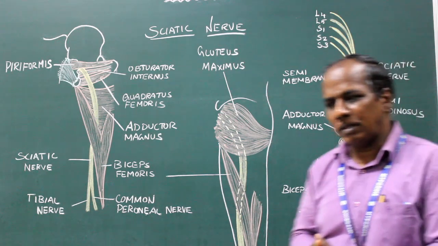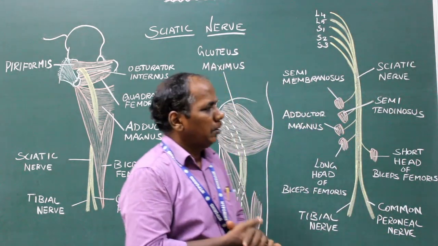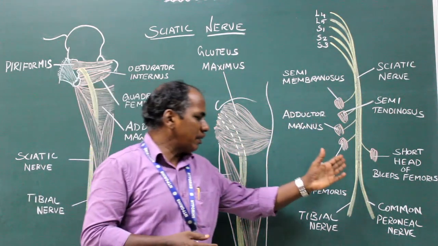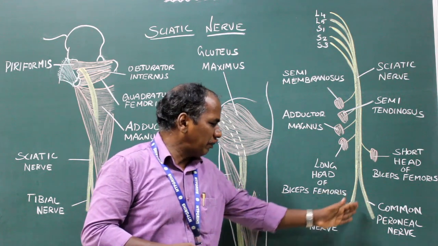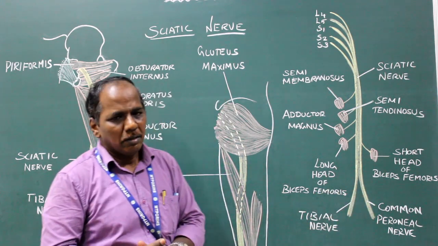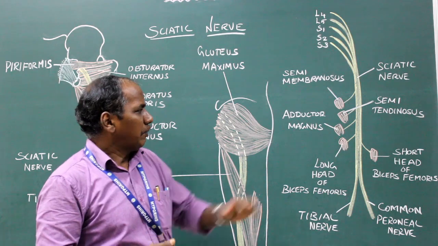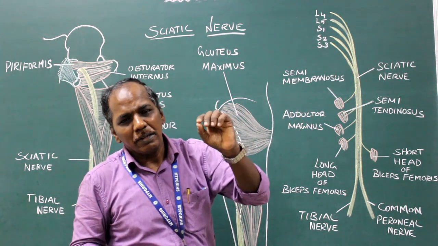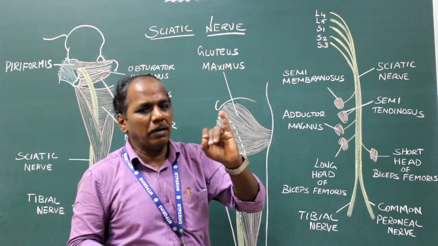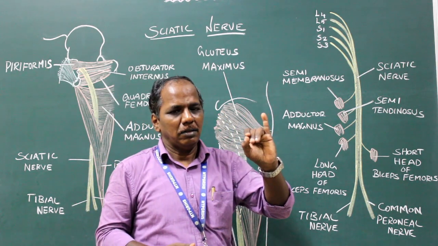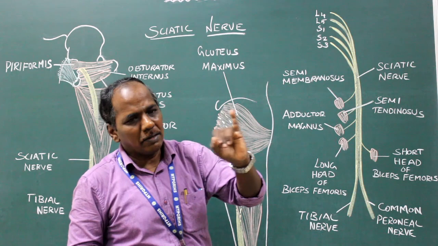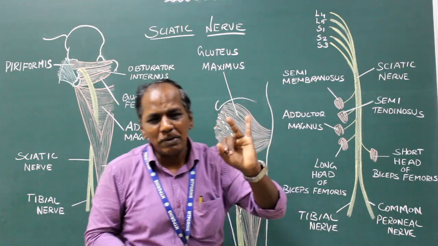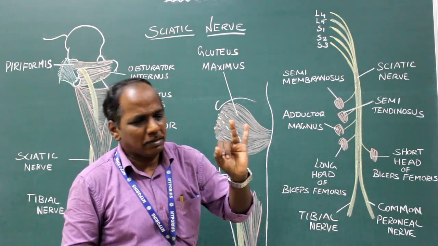Branches and distribution. So there are two components in the sciatic nerve, tibial component and common peroneal. From the main trunk, the sciatic nerve gives an articular branch to the hip joint. So articular branch to the hip joint is from the main trunk. Number 2, muscular branches.